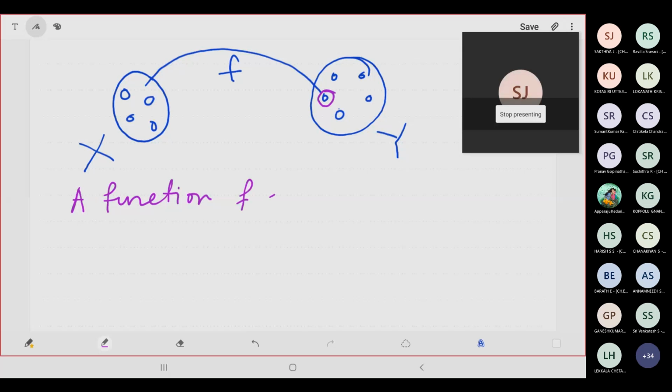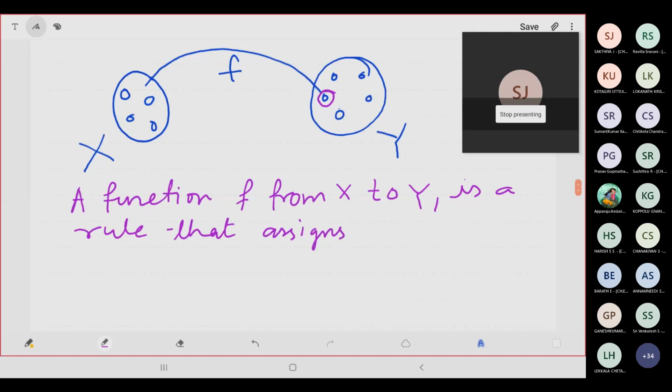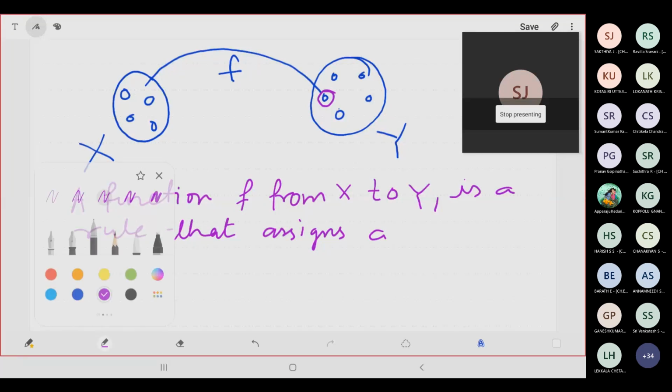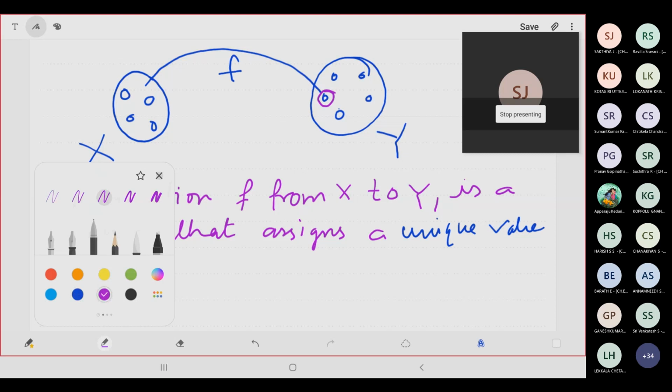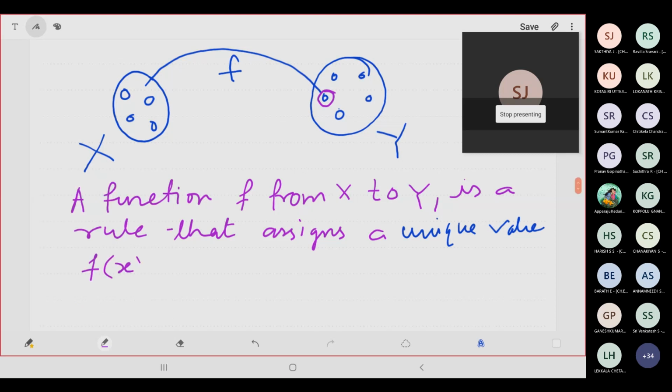A function f from X to Y, where X and Y are sets, from set X to a set Y, is a rule that assigns a unique element, unique value f(x) in Y to each x in capital X.